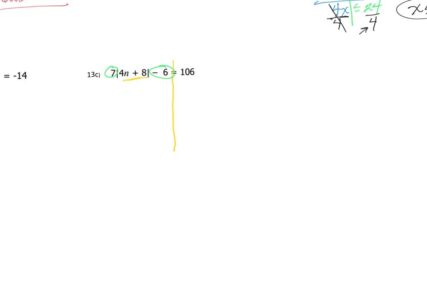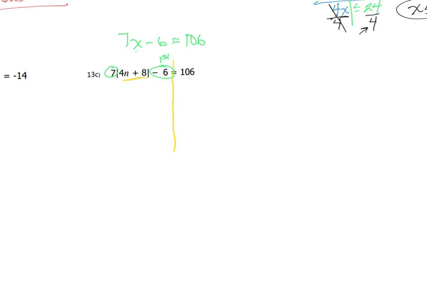Now, the order in which the visitors leave is very important. It's like solving an equation. If I thought of this as 7x minus 6 equals 106, with 4n plus 8 as my variable, we know that we should move any addition or subtraction first to isolate, which is the same thing in this type of problem.